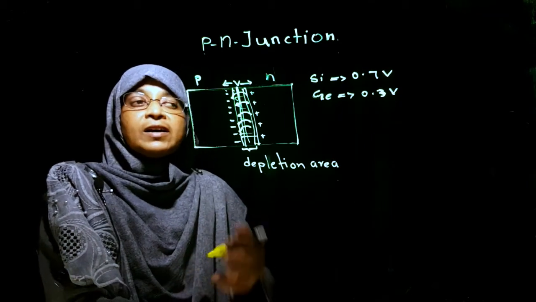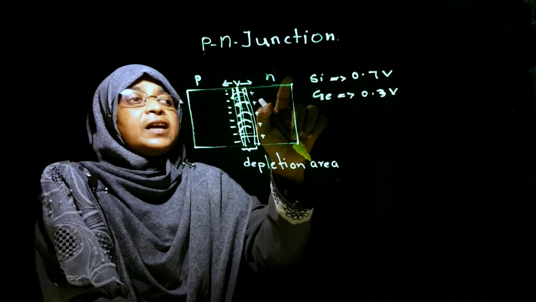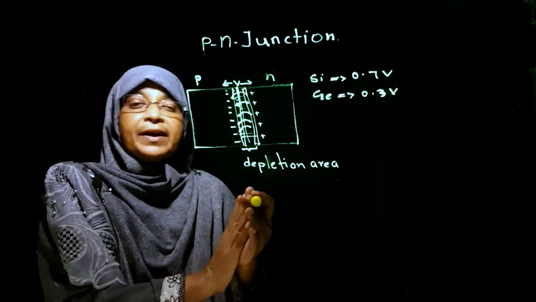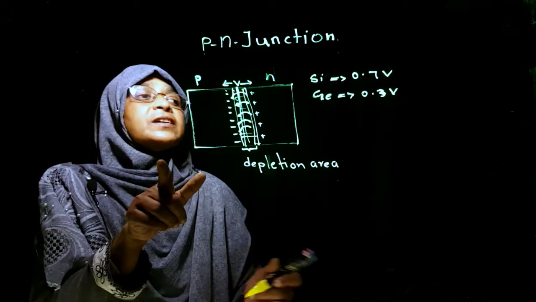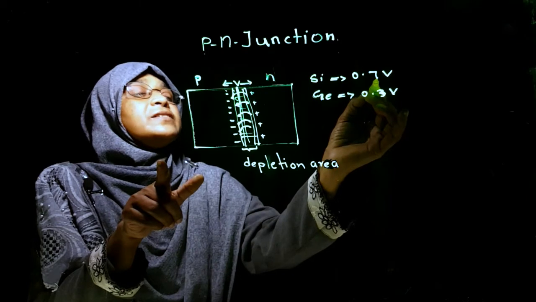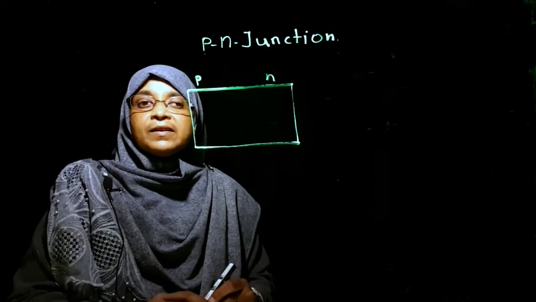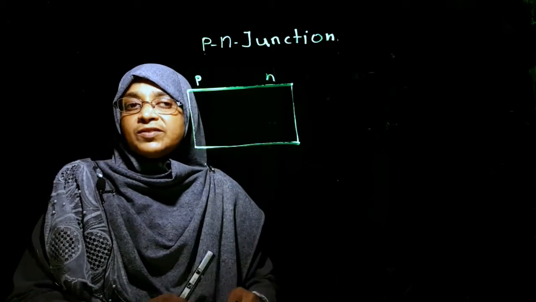To flow current through this barrier in a silicon lattice, we have to supply an external voltage greater than 0.7 volt. Now let us see what happens when a battery is connected to this p-n junction.